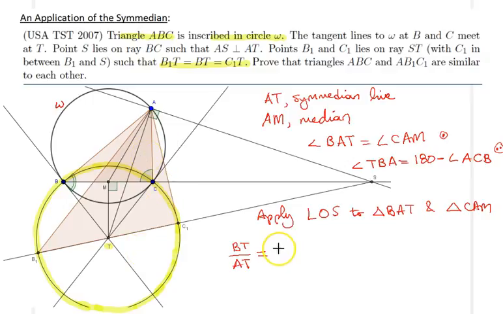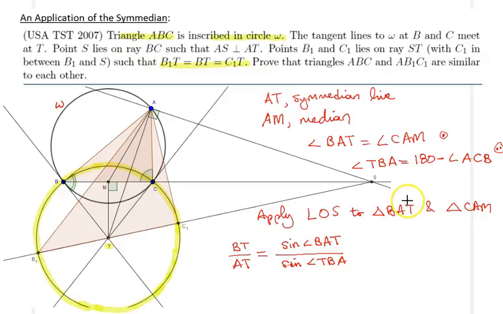So BT over AT, by just applying the law of sines to these triangles, will be related to sine of angle BAT divided by sine of angle TBA.